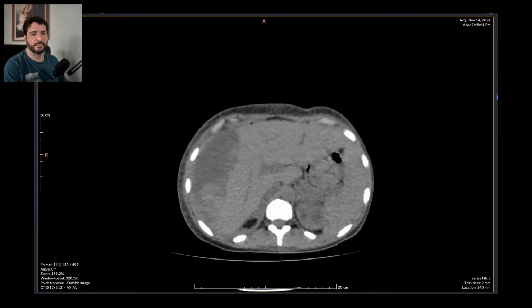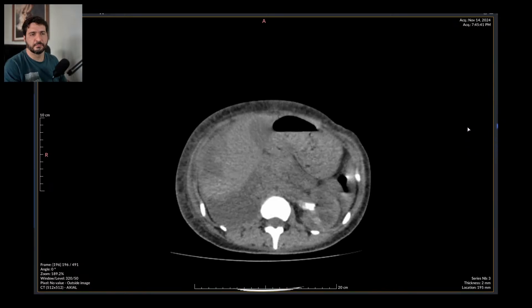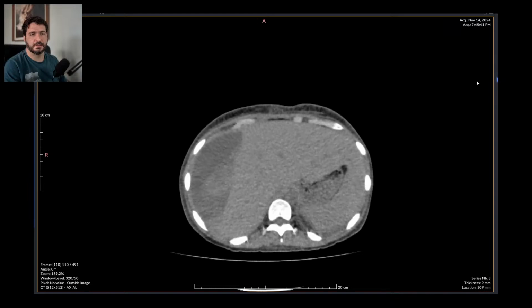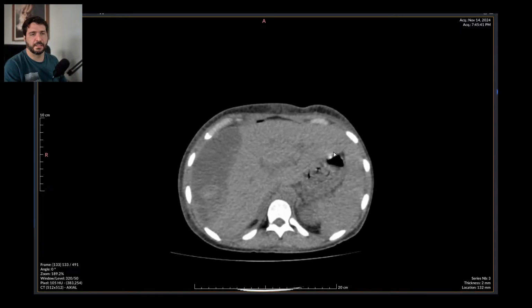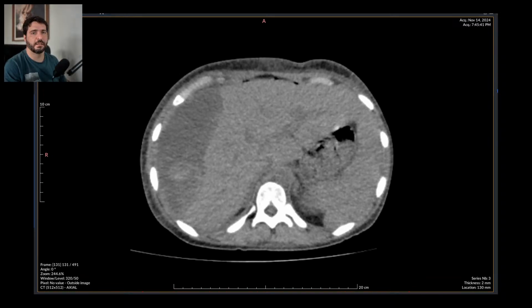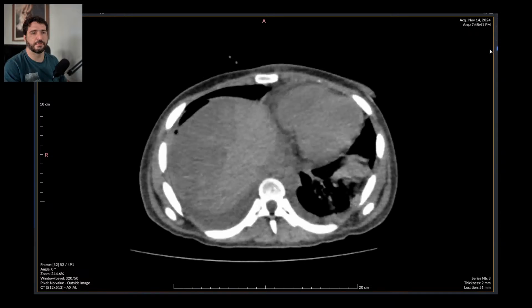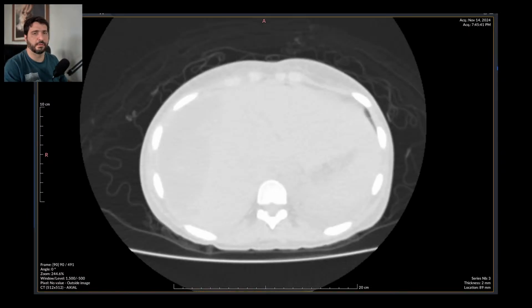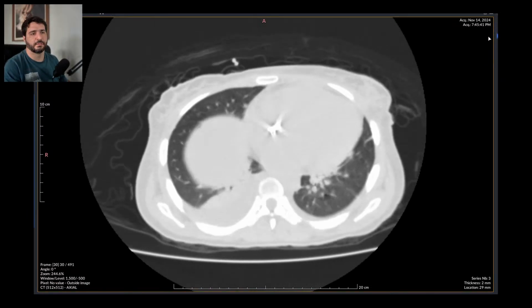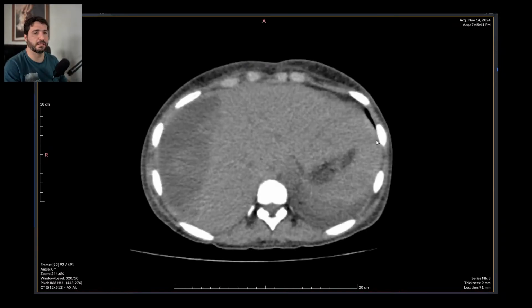This is probably a chronic kidney disease patient, and this is a very badly done scan on a very sick and young patient. There are also pleural effusions, bilateral pleural effusions, right there, with both atelectases and consolidations on the base of the lungs.